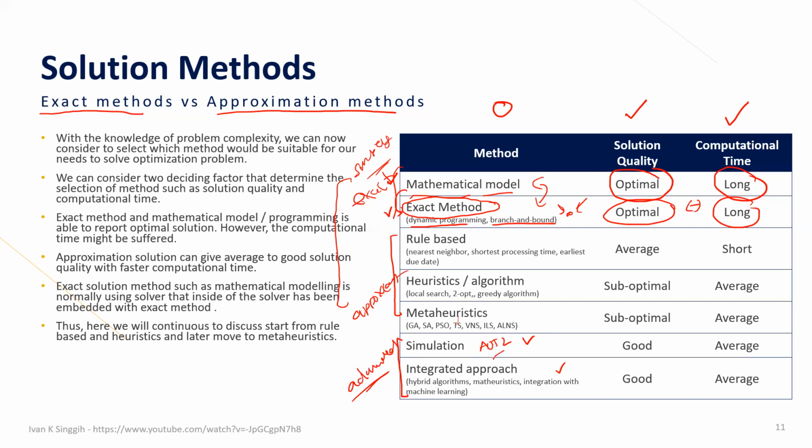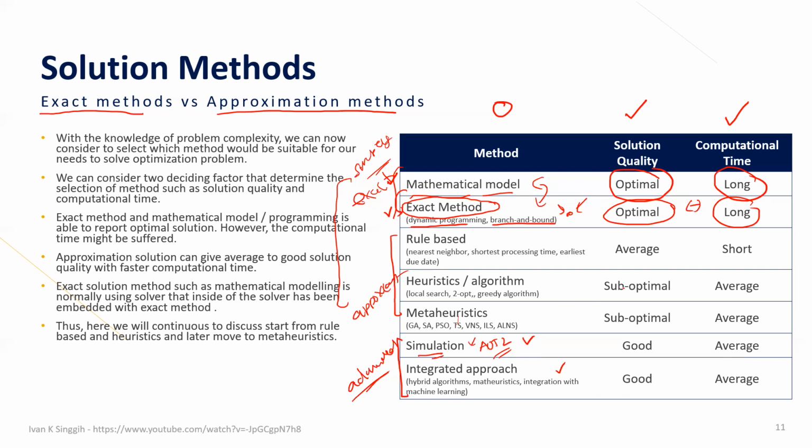So that's why you still need to learn AOT2, to have the skill to embed those many complex factors. And then sometimes it is more suitable if you want to have nice graphical illustration about your problems.